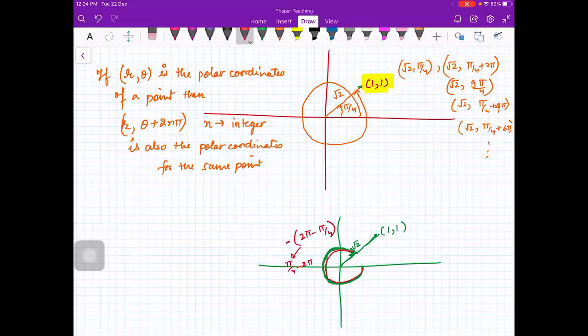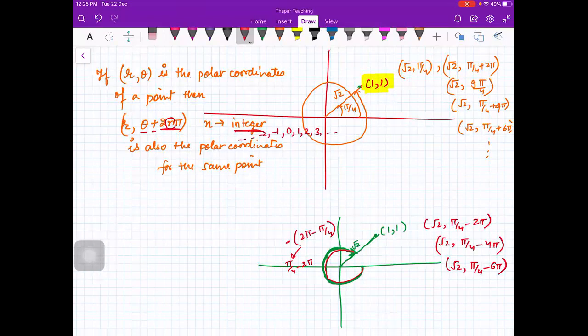Whatever it is, what I am saying is (root 2, pi by 4 minus 2 pi) is also the name. (Root 2, pi by 4 minus 4 pi) is also the name. (Root 2, pi by 4 minus 6 pi) is also the name. That is why I told you theta plus 2n pi, where n is an integer. Integer means it can be positive, 0, or negative: 1, 2, 3, it can be minus 1, minus 2, and so on.